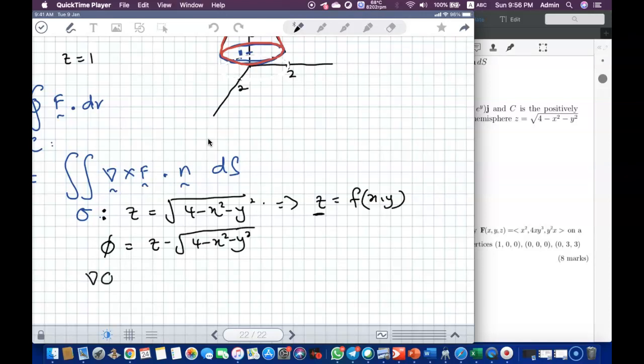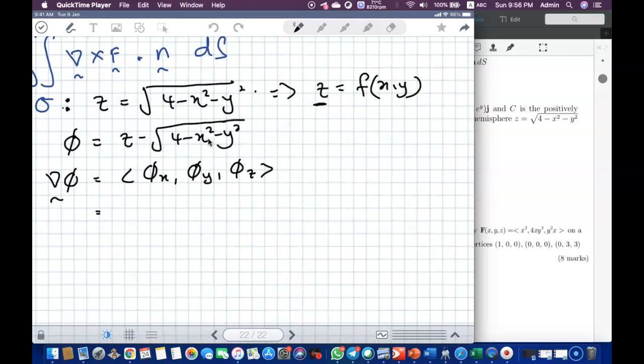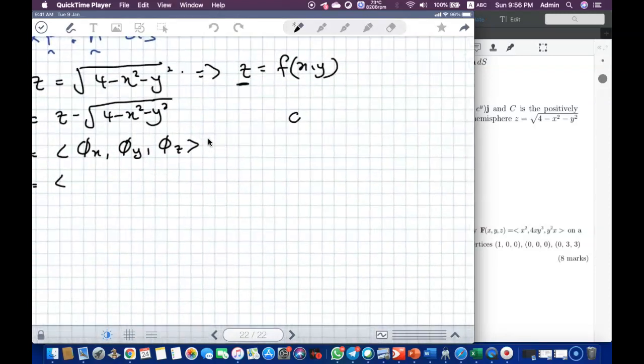Then we obtain the gradient of phi, where you have phi x, phi y, phi z. So differentiate. Phi x: you have negative 1 over 2, 4 minus x squared minus y squared to the power negative 1 over 2, times minus 2x.